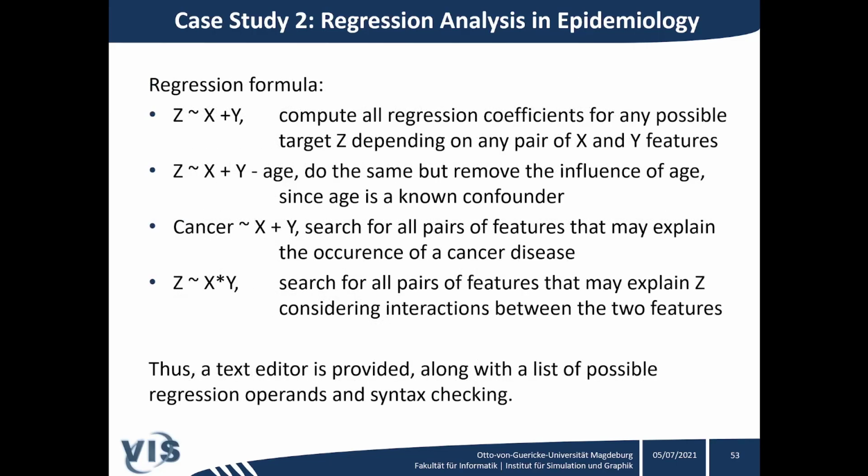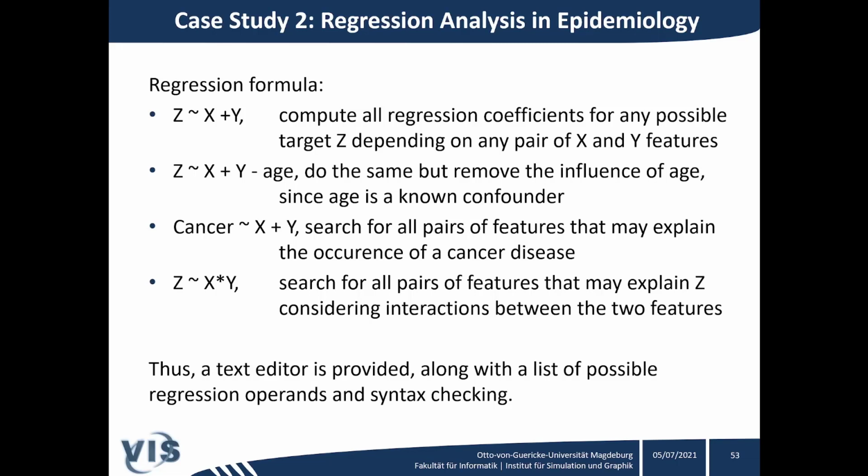Here you can see some reasonable regression formula regarding epidemiological data. So first, compute all regression coefficients for any possible target, which is indicated here by Z, depending on any pair of X and Y. Second, do the same but remove the influence of age, since we know that age is a confounder.